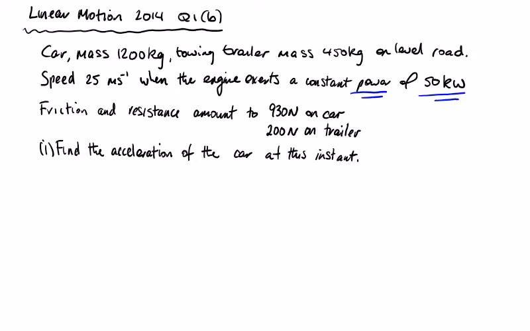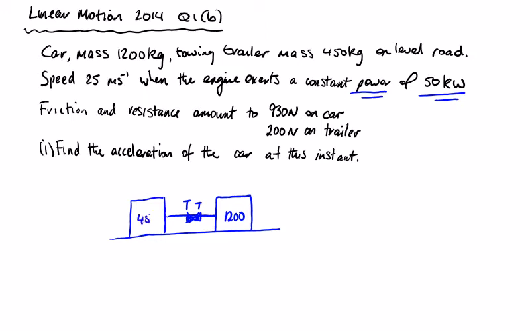Okay, let's do our diagram for this car and trailer connected by a rope. We'll call it a string. We know it has tension in it. This one is the car, 1200. 450 for the trailer.